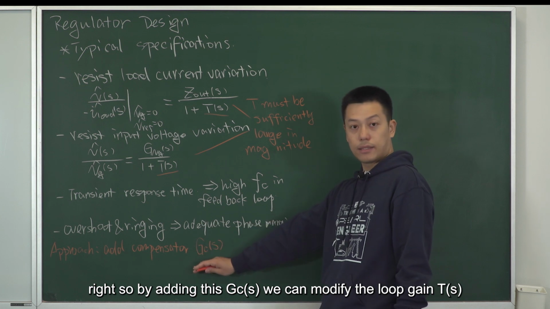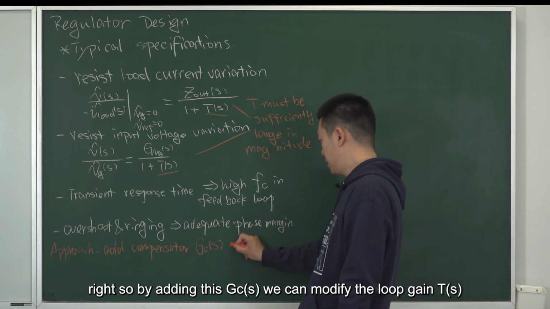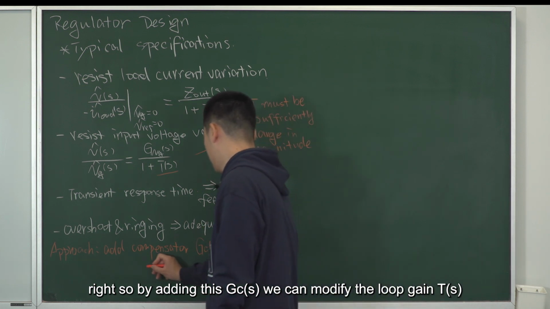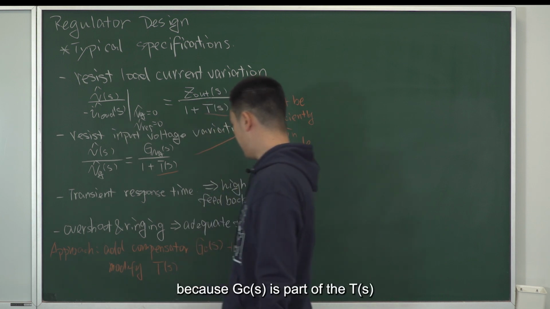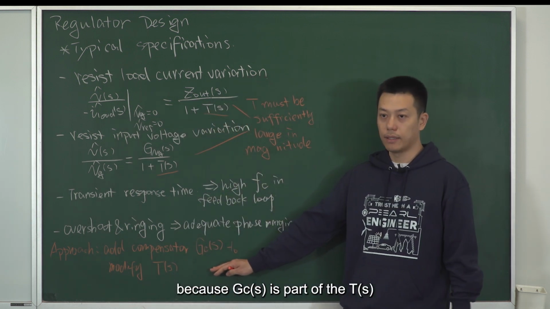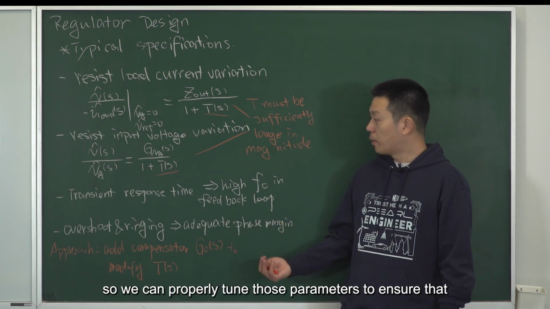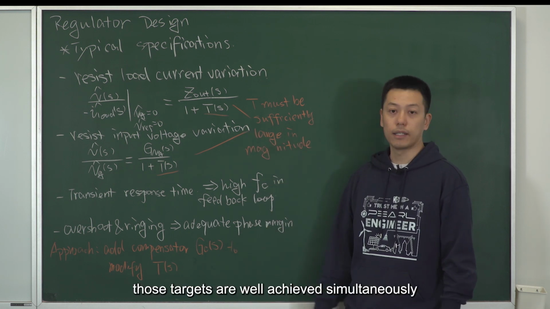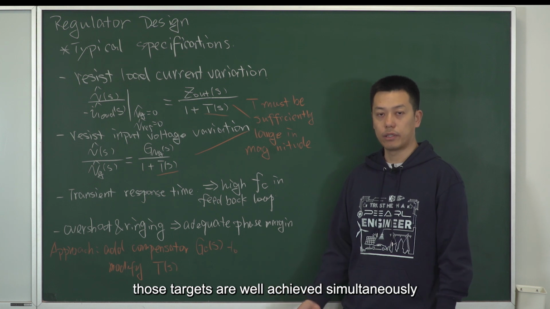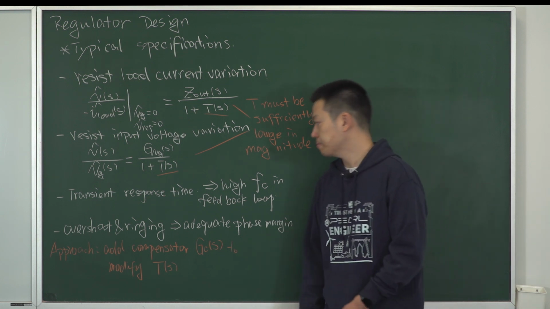So by adding this G_c(s), we can modify the loop gain T(s), because G_c(s) is part of T(s). So we can properly tune those parameters to ensure that those targets are well achieved simultaneously.